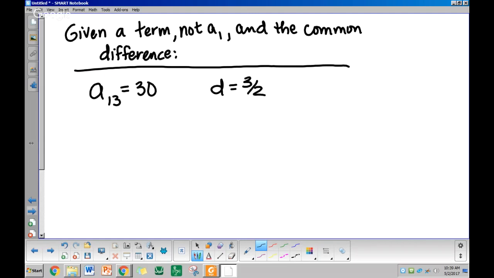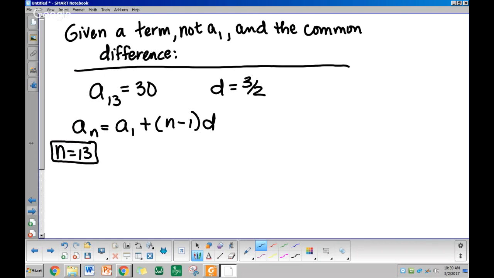Could you plug it into the general formula, and instead of plugging in the base, you plug in the n? Right, so we're going to use the general formula. They gave me n equals 13. So I can say a sub 13 is equal to a sub 1, which I don't know, plus, well, what's n minus 1? 12, so this is 12d.